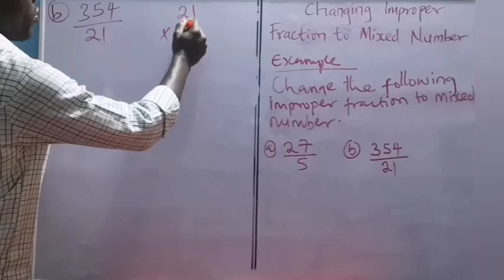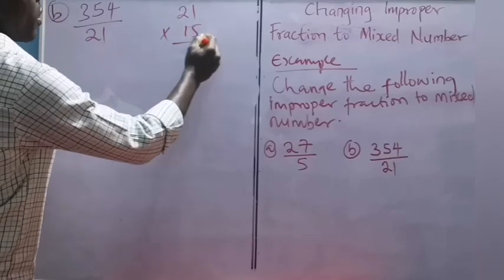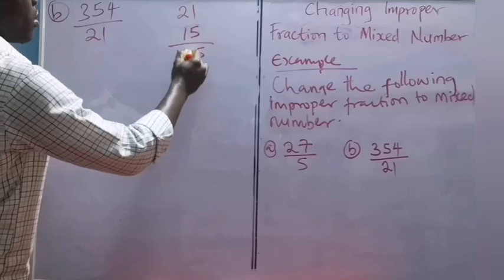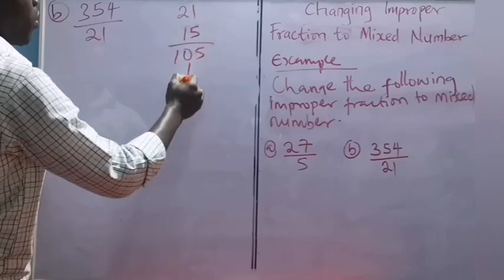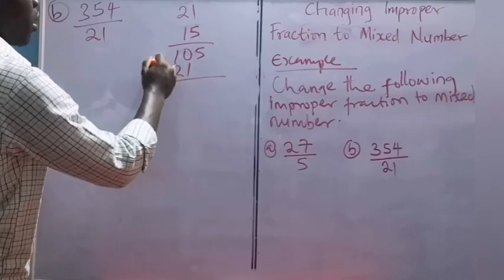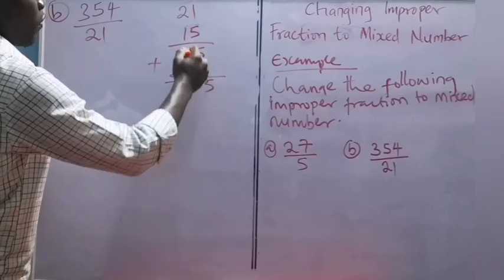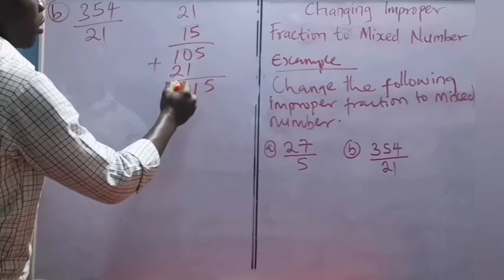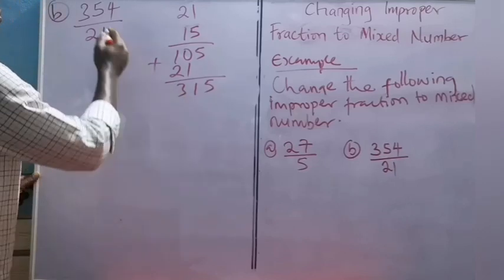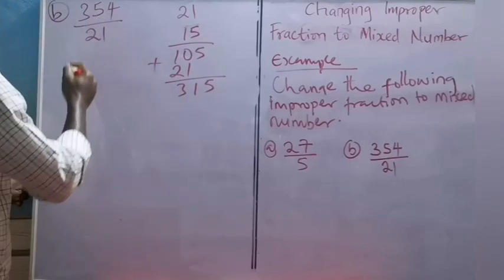Let me use 15. 5 times 1 is 5, 5 times 2 is 10. 1 times 1 is 1, 1 times 2 is 2. So let's add. Bring down 5, 1, is 3. This number is very close to 354.